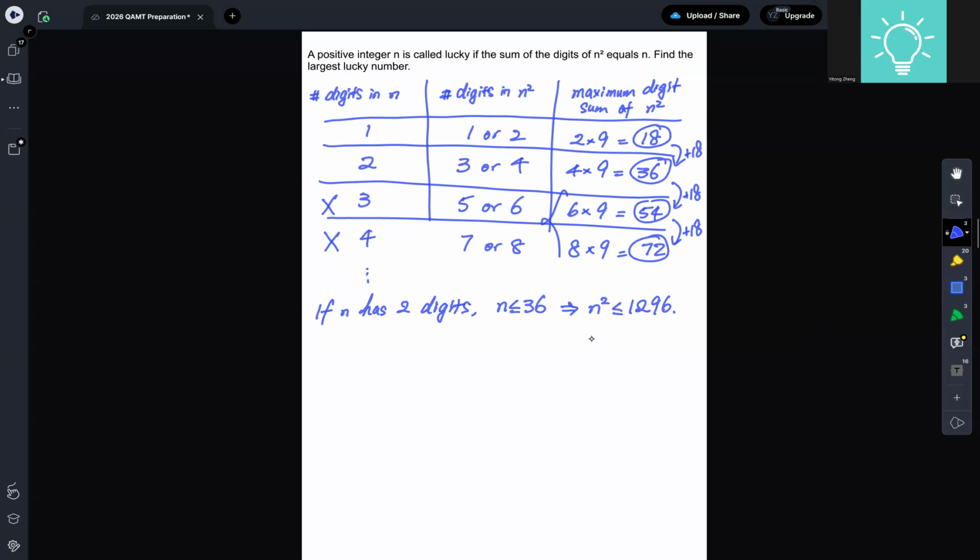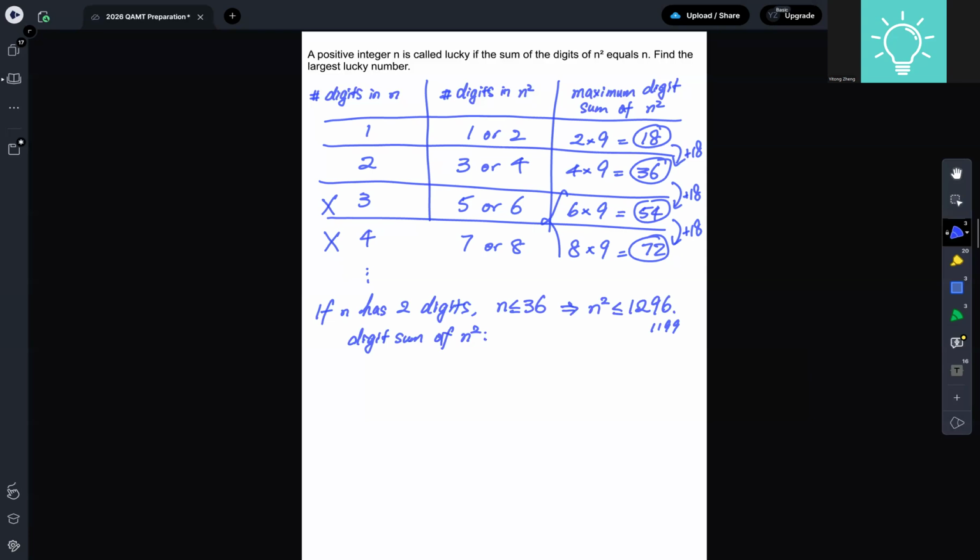So now, can we say something about the digit sum of n squared, something stronger than being less than or equal to 36? Well, if n squared has 4 digits, then it starts with 1 and is less than 1296. Consider 1199. That digit sum is only 20, right?